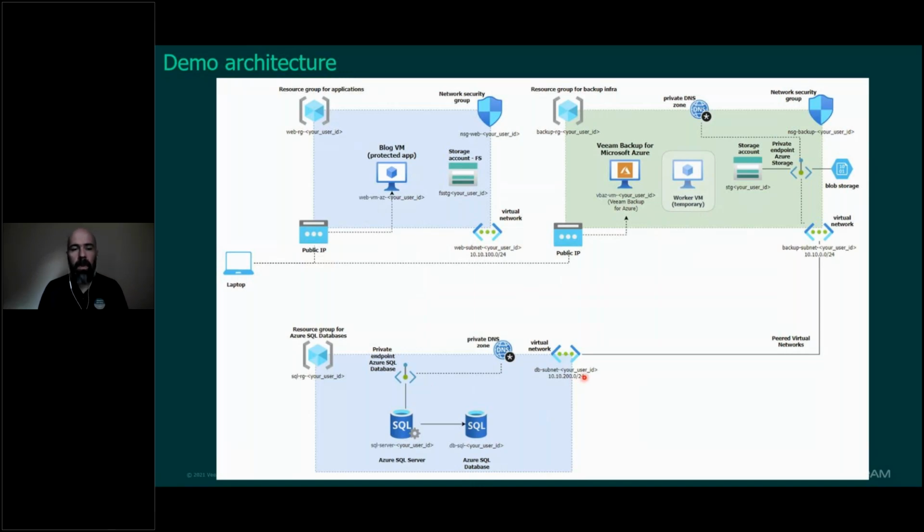Because of that, we need to do a peering between our subnets that are hosting the worker and the private endpoint for the database, to be able to connect to it and take the data out and put it in S3 storage. So this is the lab setup, and I'm going to stop this slideshow right now and switch to another screen.